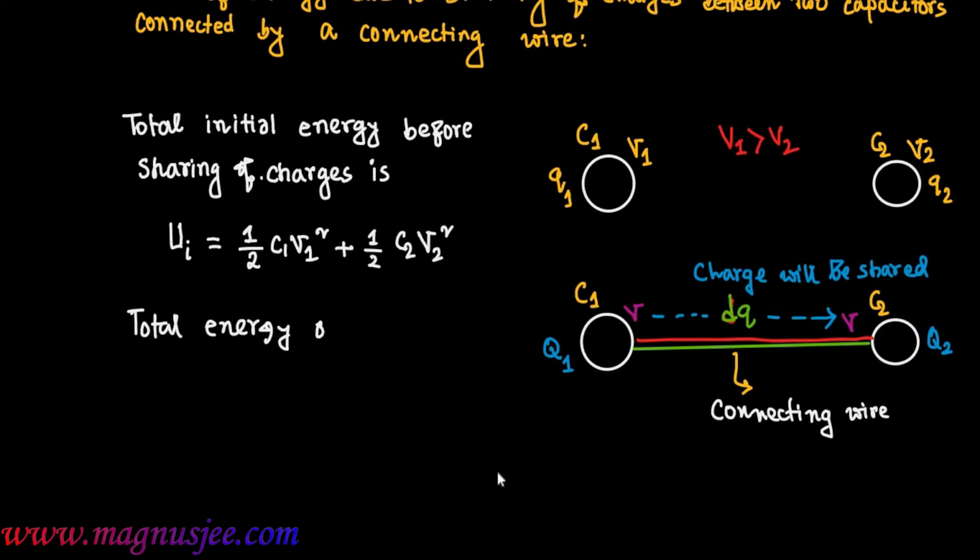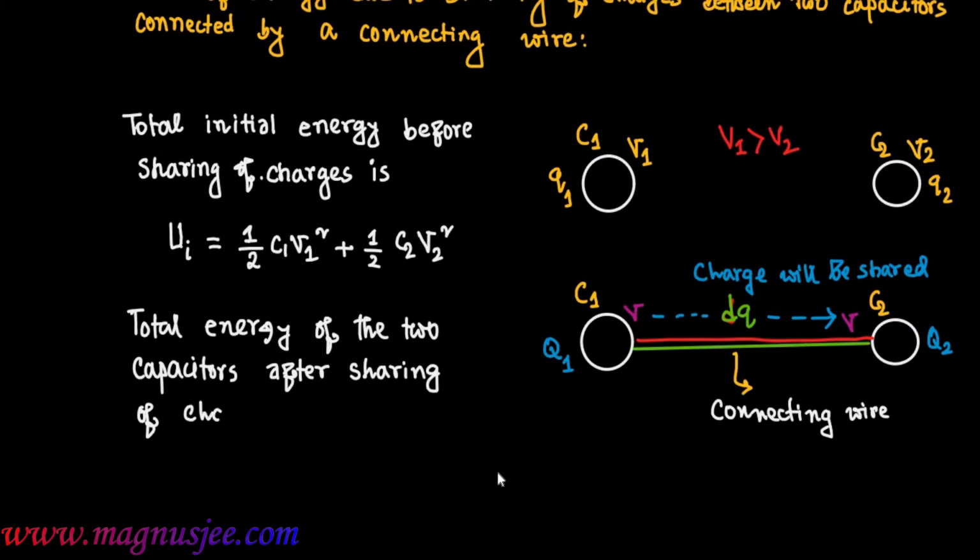Again, the total final energy of the two capacitors after sharing of charges, after connecting the two capacitors by a conducting wire, is given by UF equals half C1 V square plus half C2 V square.